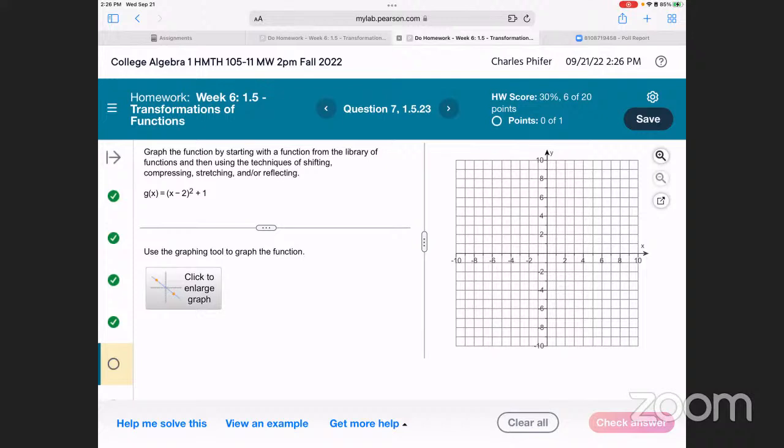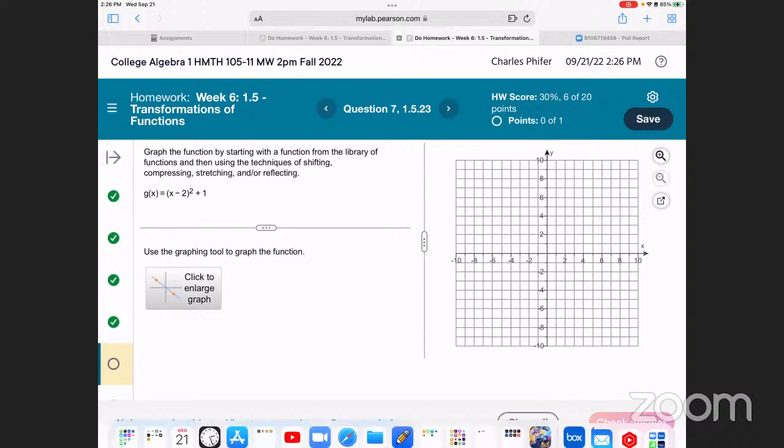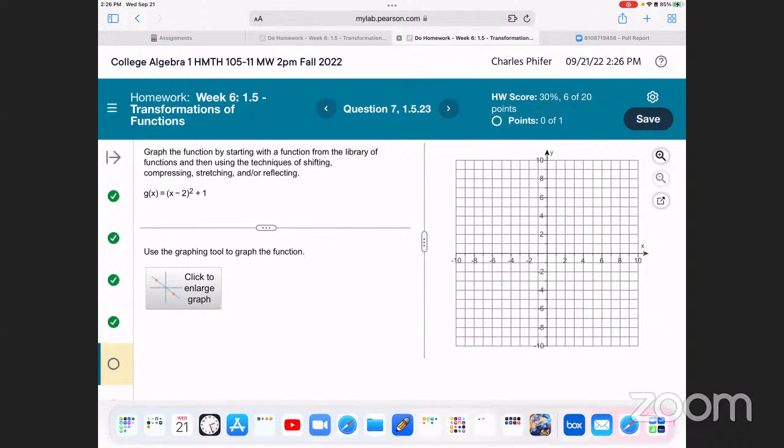I had one question. I came in late because I was in the waiting room. My question is, how are we going to complete this midterm? Is it just like exam one?